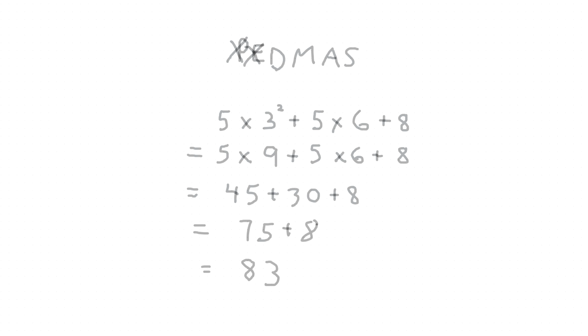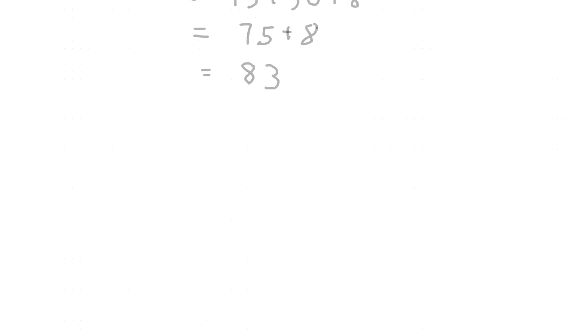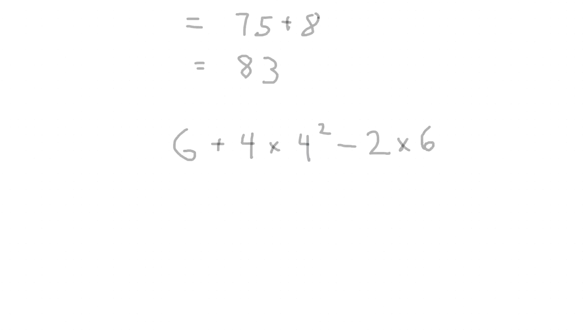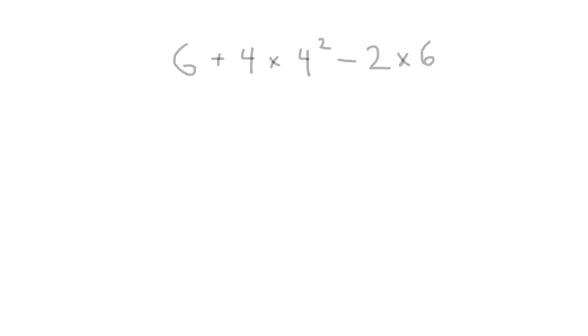Okay, the next expression is 6 plus 4 times 4 to the second power minus 2 times 6. So what are we doing first here? There's no parentheses. There's no brackets. What's next?